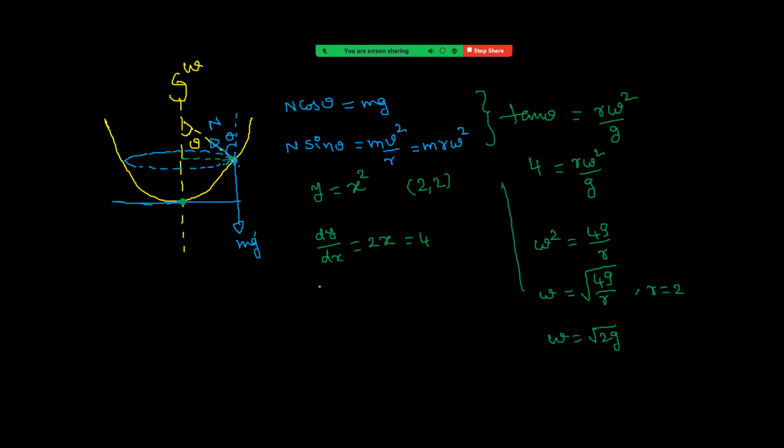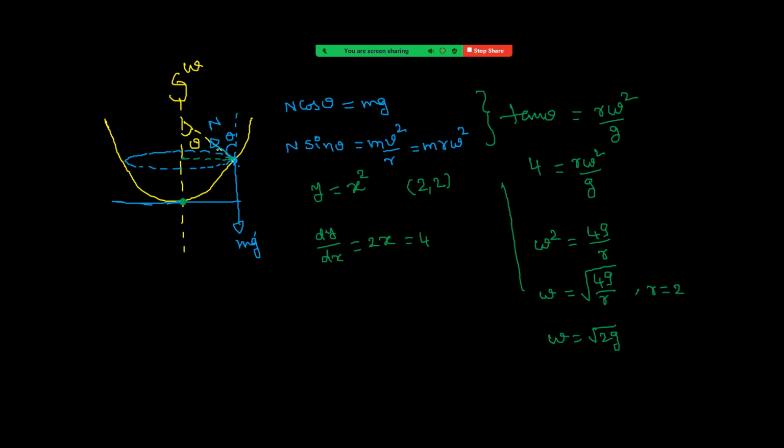Right. See how we are starting the problem. This ring is not slipping. Its meaning is it is following circular motion. Whenever any question is given based on circular motion, first focus on a free body diagram, right?